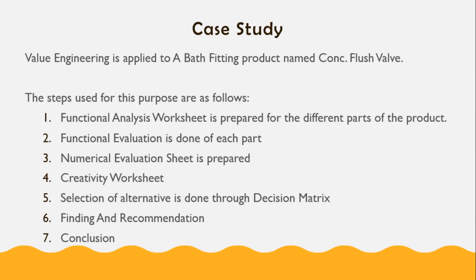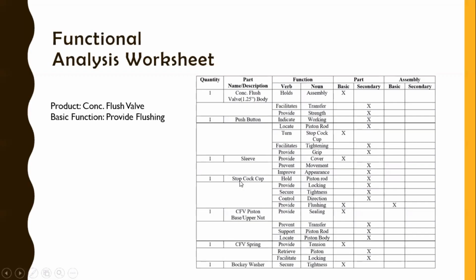And then we come up with the creative ideas, enter them in the creativity worksheet, and then selection of alternative through the decision matrix. Okay, of the number of creative ideas, we select the alternative, right? And then finally we make the recommendation. Okay. Right. So see functional analysis.